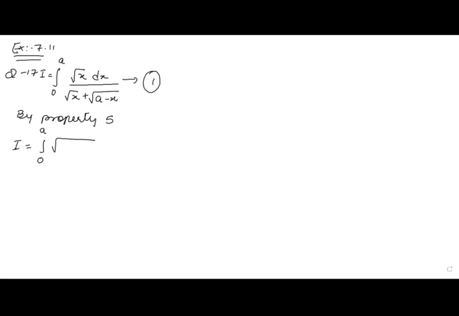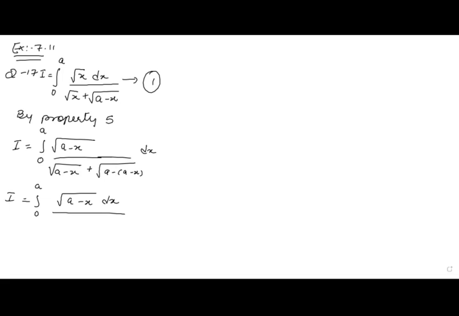So replacing x by a minus x everywhere, 0 to a root a minus x dx upon, you can see that here a will get cancelled out, and I will have just root x, which I am writing as first and then second as a minus x, and give this as 2.